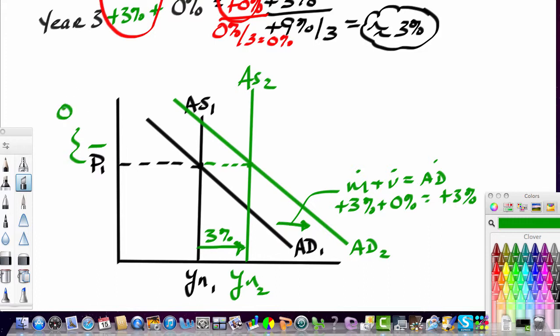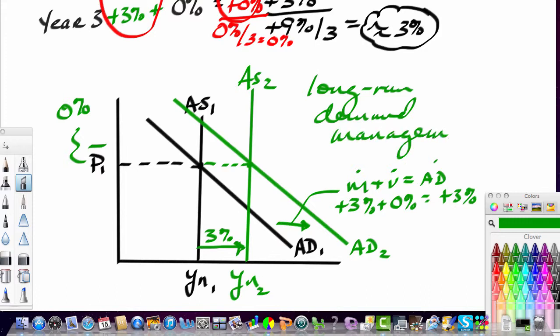Prices remain relatively stable. This has actually got a name. It's called long-run demand management. And the whole idea here is to not overstimulate aggregate demand. In the long run, we want aggregate demand to grow roughly in proportion with aggregate supply.